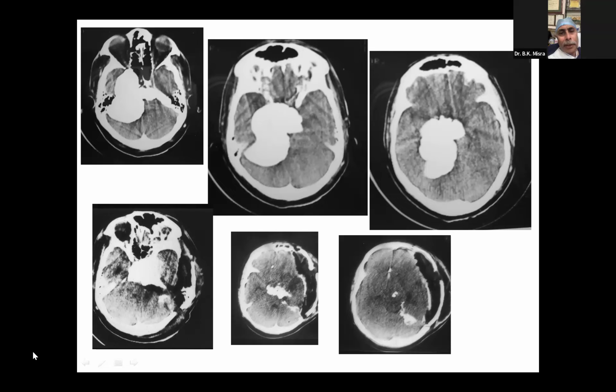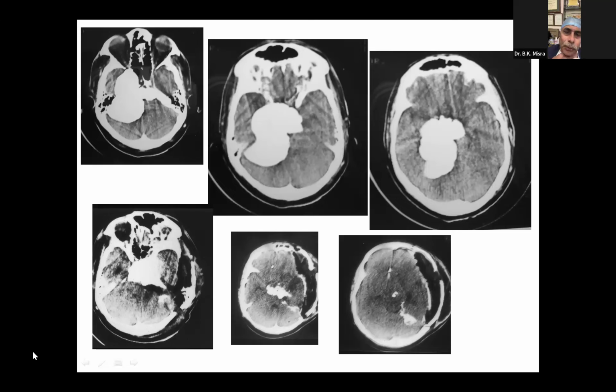There was also a meeting organized by Dr. Dharkar in Jaipur, a CP angle symposium, and he brought out a monograph in which we wrote. We didn't call it supracerebellar; we called it retrosigmoid and supracerebellar approach, both. And this is a series of tumors operated by that.